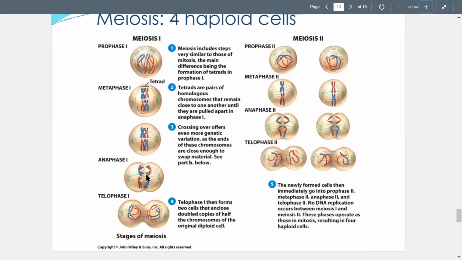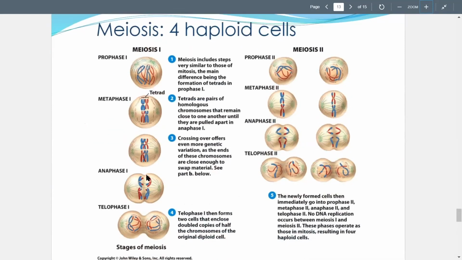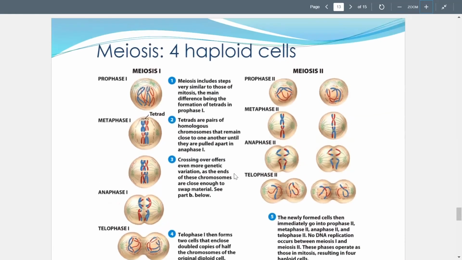So we'll continue dividing through anaphase. Telophase is the same concept as mitosis: they're going to pull apart, and then you're going to have 2 cells at the end of telophase 1, the end of meiosis 1.